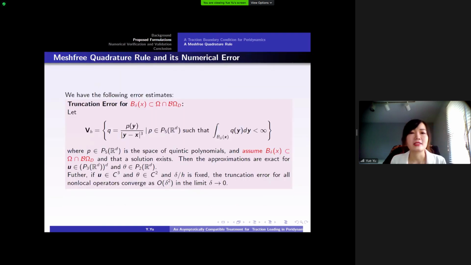Why is that? Because we can prove that as long as we have a full horizon in the domain, this type of discretization method is going to give us O(delta) truncation error for all the nonlocal operators in the LPS model.